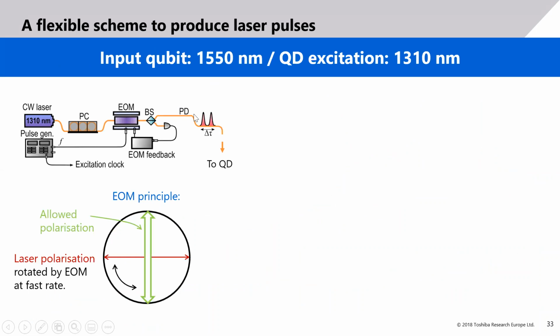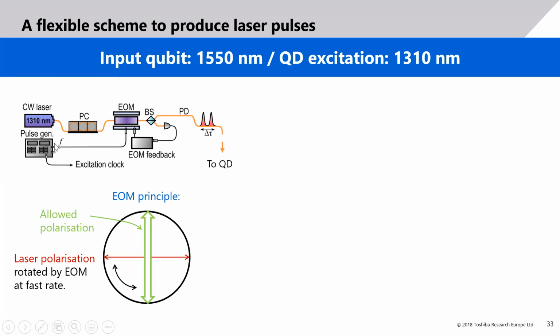So to run these gigahertz clocked pulses, we've come up with a flexible scheme to produce these laser pulses. This applies both for the input qubit, which is at 1550 nanometers, and for the quantum dot excitation, which is non-resonant at 1310 nanometers. For both of them, we have a simple scheme where we have a CW laser, an EOM, followed by a polarizer.